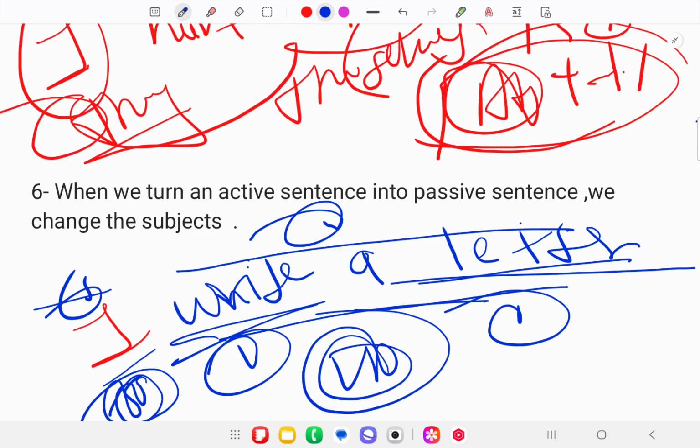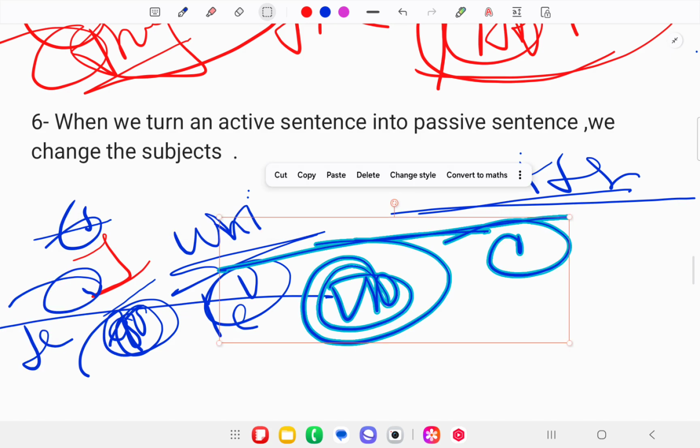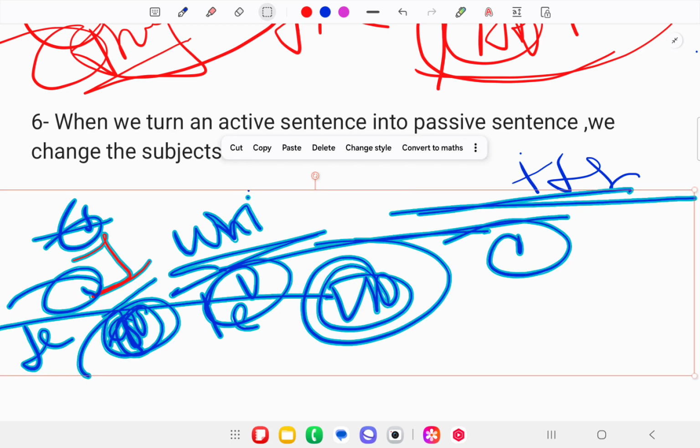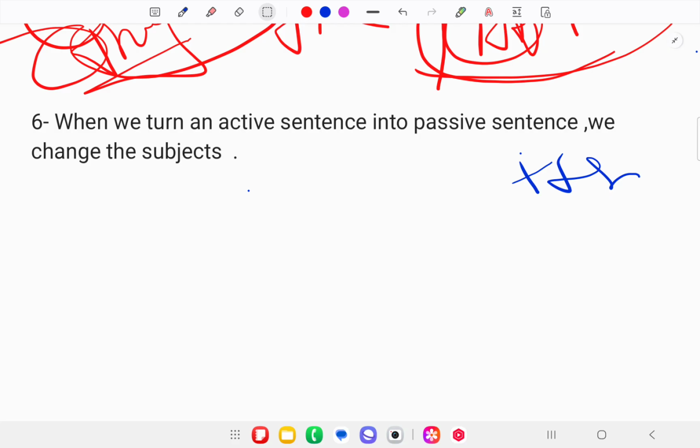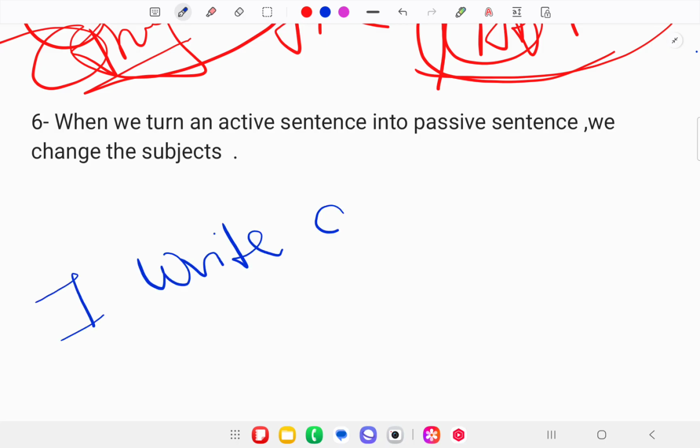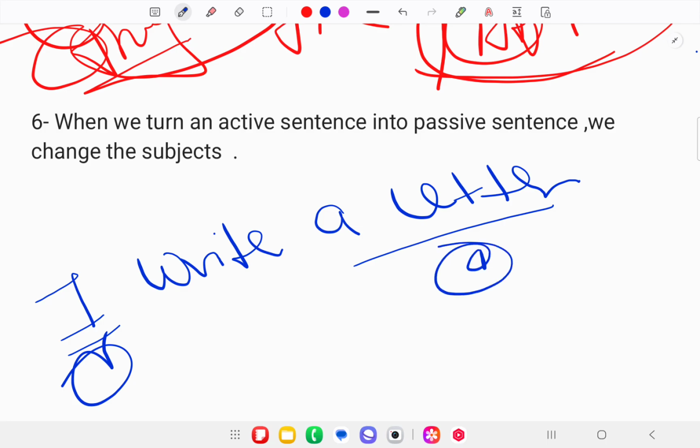So according to this rule, when we turn an active sentence into a passive sentence, we change the subject. Let's see, "I write a letter." According to this rule, this is the subject and this is the object.